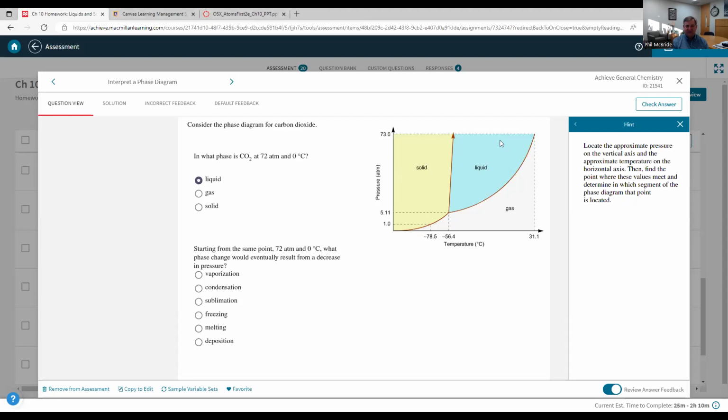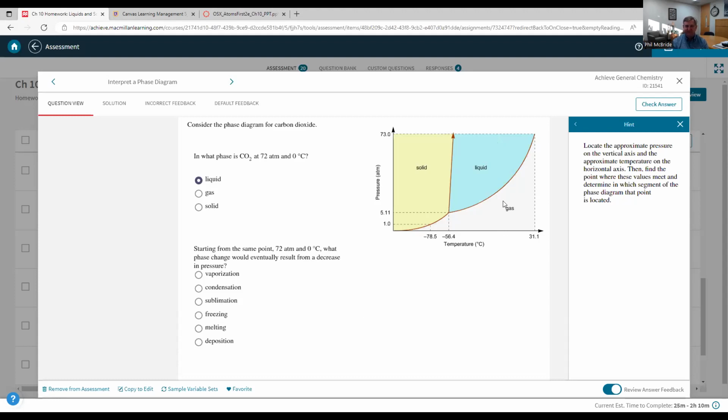So starting at the same point, 72 atmospheres, 0 degrees Celsius. What change would result if we decreased the pressure? It might turn into a gas. Right, so liquid into a gas, is that vaporization, condensation, sublimation, freezing, melting, or deposition?